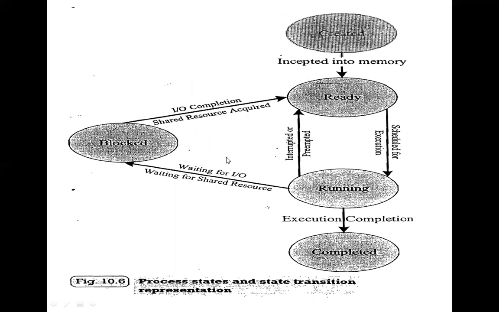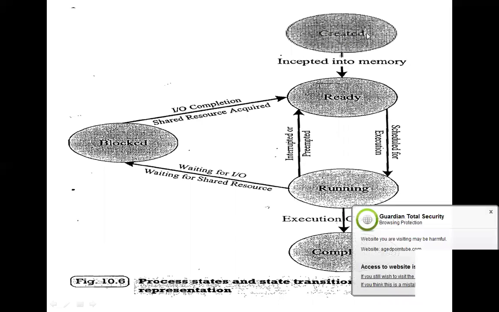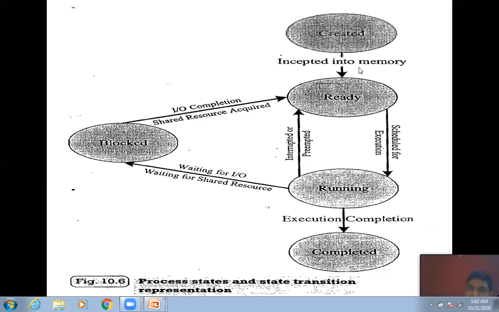This is the process state and state transition diagram. It represents creation of the process, then the ready state, then the running, completed, and the blocked states. These are the various states of a process. In the first, the process is created, but resources are not allocated.